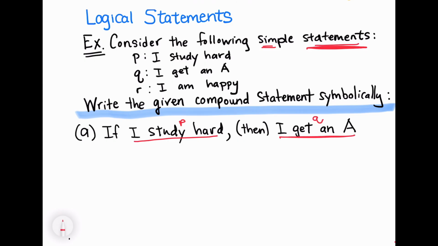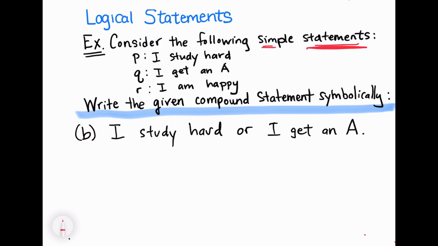Whenever we have the if-then format, you might not always see the "then." You might see "if I study hard, I get an A." But whenever the statement is in that form, we write it symbolically as P arrow Q, so P implies Q. And this is called a conditional statement, because it's on condition. If I study hard, if that condition is satisfied, then I get an A.